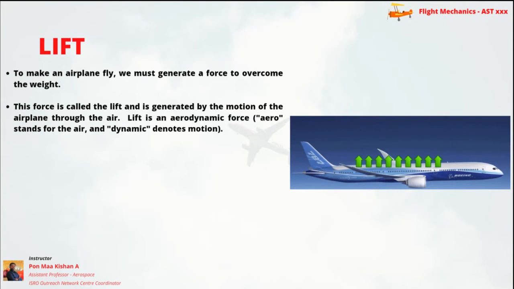So the contribution of lift force for the entire aircraft is provided by the fuselage, wing, and even the engine nacelle and the tailplane. All the structures will provide lift force when the air is around them.